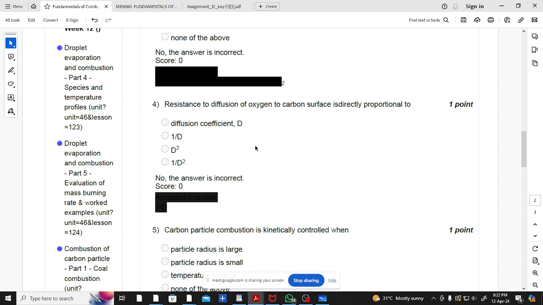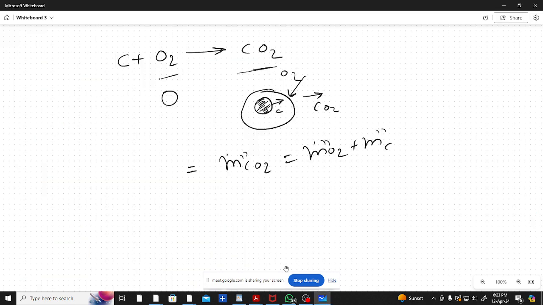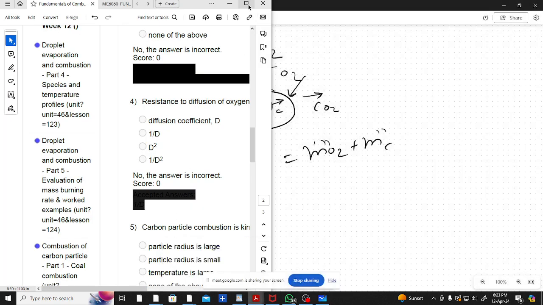You can take the diffusion coefficient D. Resistance to diffusion of oxygen to the carbon surface is directly proportional to what? One upon D. On what basis are you saying this?